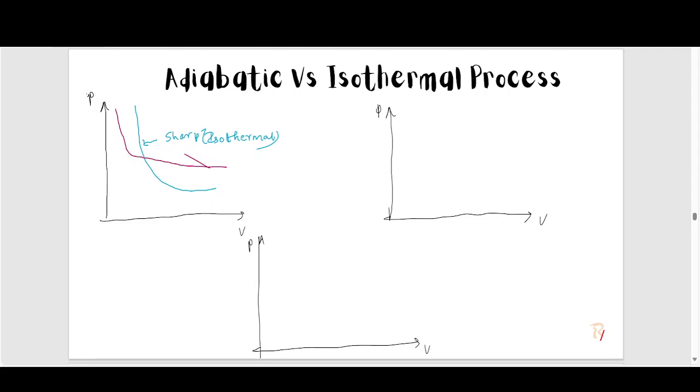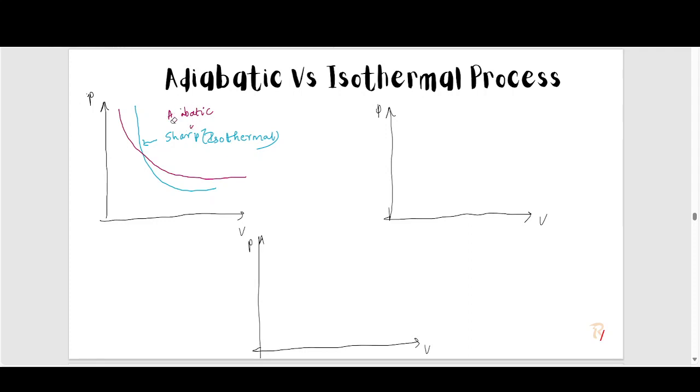Sorry. Like this. Okay. This is adiabatic.